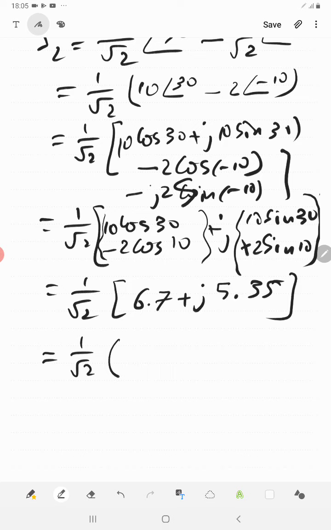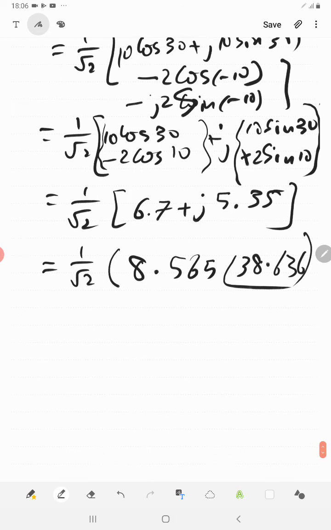Let's say V equals, I hope I'm correct in doing this calculation, the absolute value of that is equal to 8.565, and the angle of V is positive 38.636.